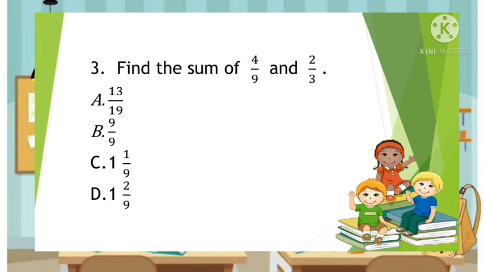For number 3, find the sum of 4/9 and 2/3. A, 13/19. B, 9/9. C, 1 and 1/9. And D, 1 and 2/9.